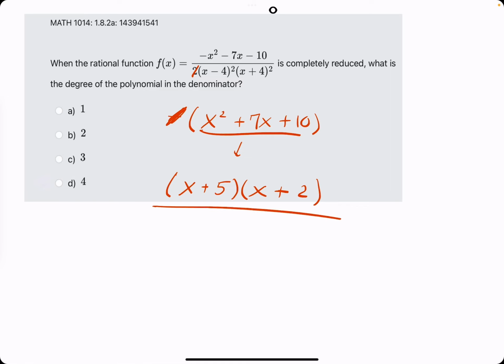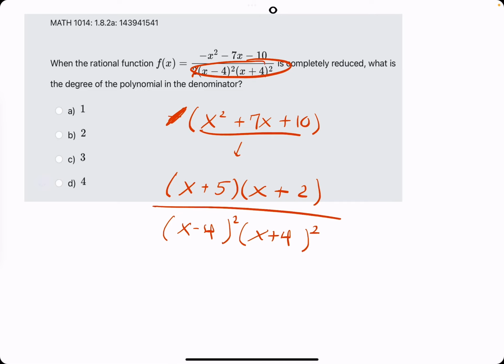So that's beautiful. Now, on the bottom, we bring down the denominator terms here: x minus 4 squared and x plus 4 squared. Does anything cancel on top and bottom? No, we have no factors that are identical on top and bottom, so nothing can cancel.